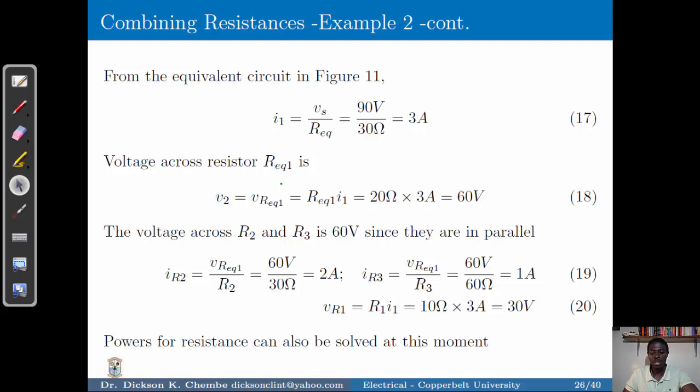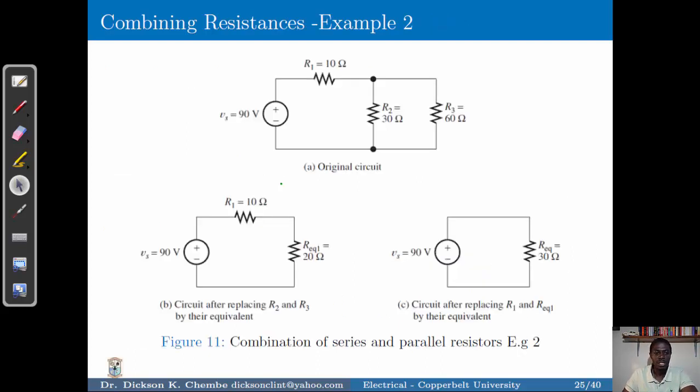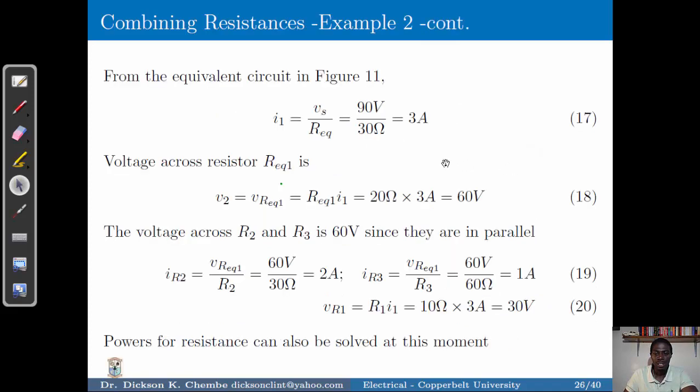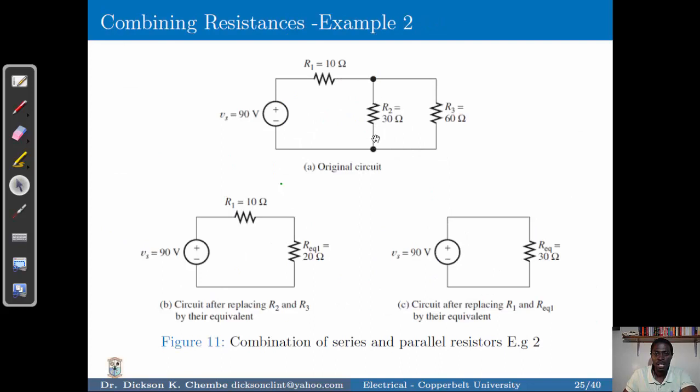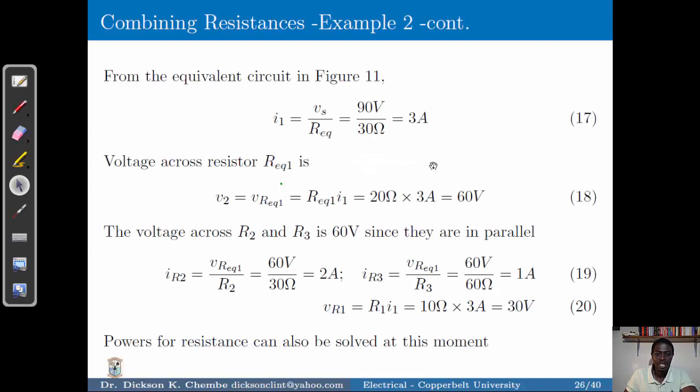We can conclude that the voltage across the 30 ohm resistor as well as the 60 ohm resistor is the same, which gives us 60 volts because they are in parallel. Then we could use that also to find the current that passes through resistor 2 and the current that passes through resistor 3.